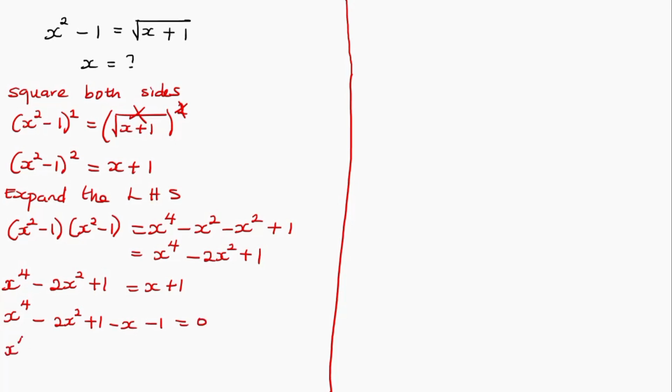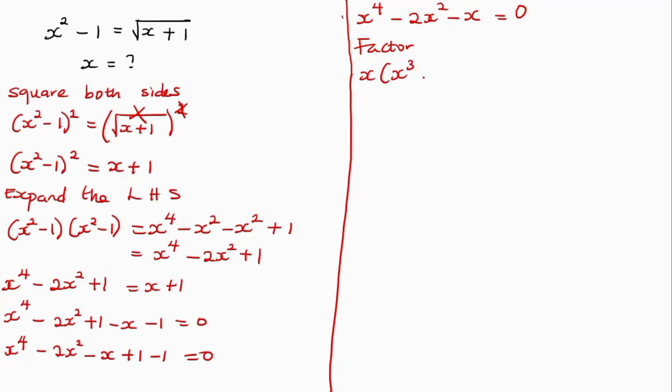We have x raised to the power of 4 minus 2x squared minus x plus 1 minus 1 is equal to 0, and plus 1 minus 1 is 0. So we simply need to factor out this equation. So factoring out x, we have x times x cubed minus 2x minus 1 is equal to 0.